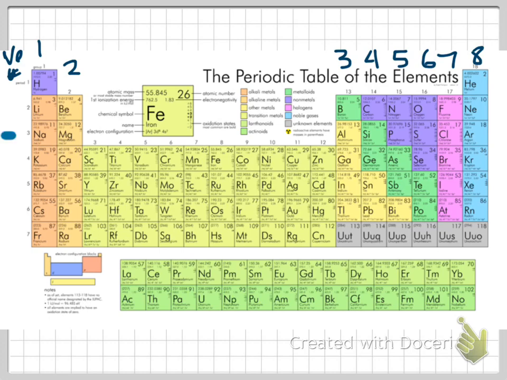Elements in the periodic table that are period 3 start to have a D subshell. Once the D subshell and the F subshell start to get incorporated, these elements can start to expand.